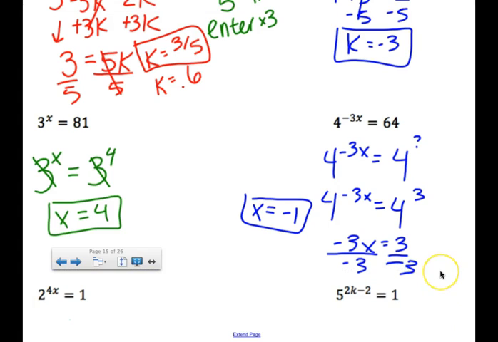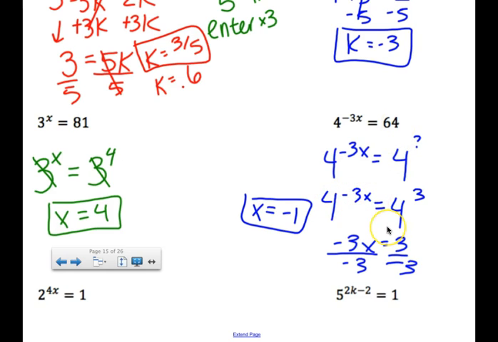For the next one, you should have gotten -1. So you noticed your bases weren't the same, and so I know my base was a 4 because that was the exponent, so I had to write the right term as a base 4. So I kind of guessed and checked. 4 to the 2 power didn't work, 4 to the 3 power actually worked. Okay? So again, I didn't check any negative numbers because the 64 was a positive number, bigger than 1, you knew it wasn't a fraction.